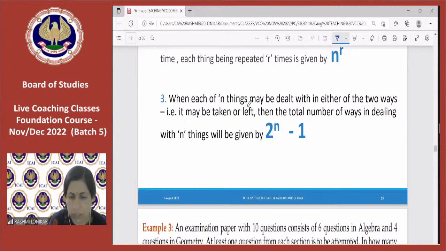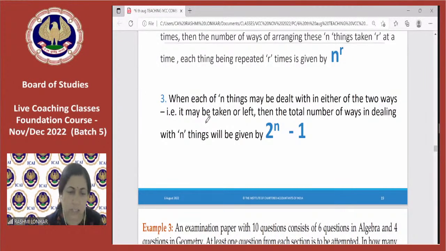When each of the things may be dealt with in either of two ways, that is, it may be taken or left, then the total number of ways of dealing with n things will be given by 2 raised to n minus 1. What does this mean? Suppose I have an option in the exam, and I am asked to attempt 5 or maybe attempt 6 out of 10 questions. What happens for each question? For question number 1, I will think, should I attempt or should I not attempt?